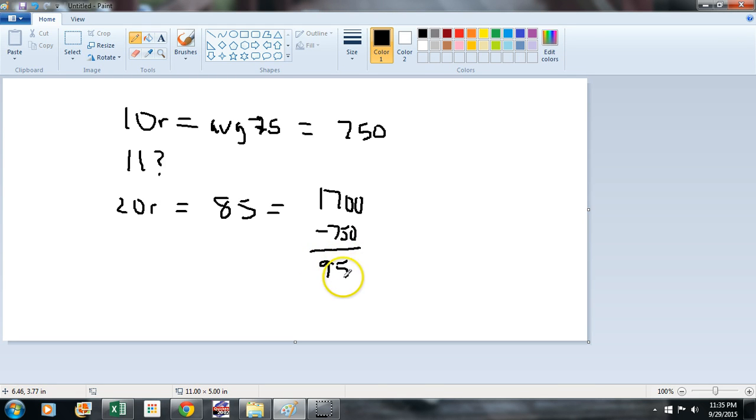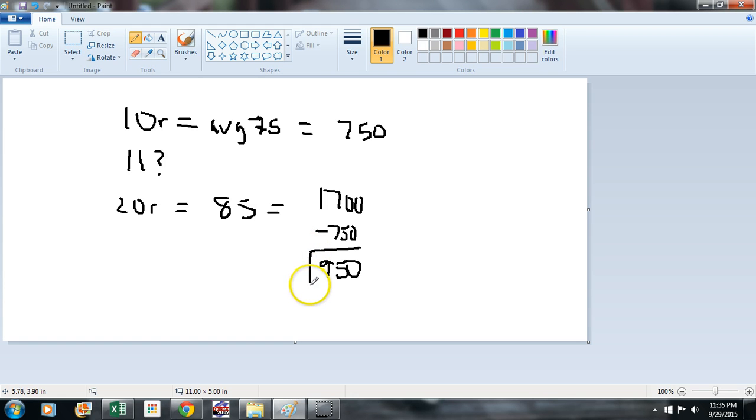So over the last 10 ratings that we received, so 11 through 20, we have to have a cumulative value of 950 points among the ratings. And it's asking what is the least value that we can have there for that.